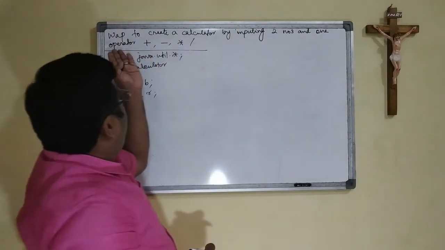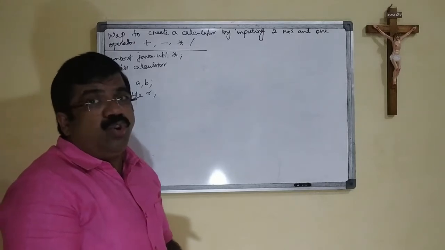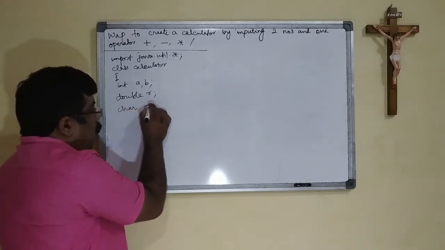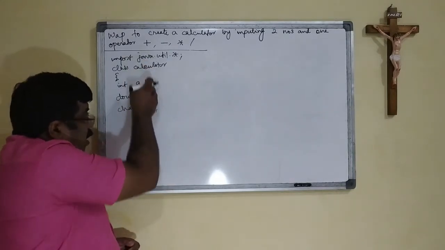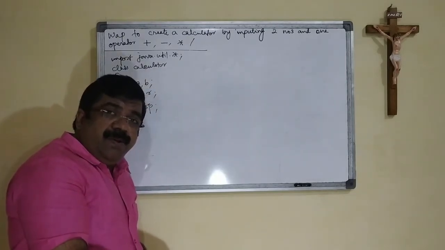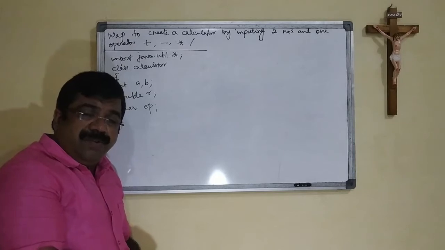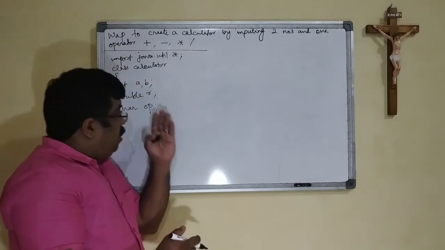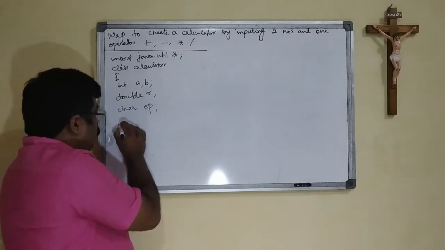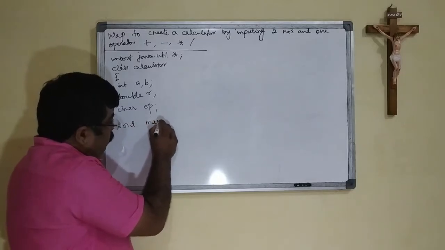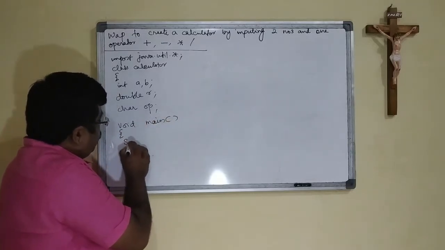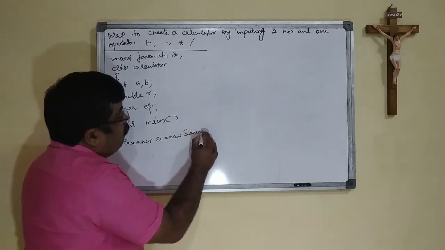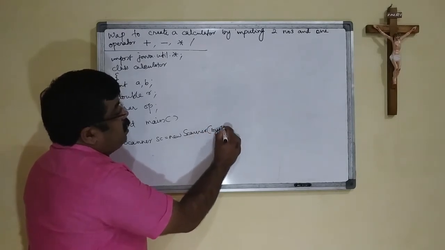Now we need one operator. That operator should be a character. So we are giving char op. So all these variables that we require are given. Void main, we give Scanner SOC is equal to new Scanner, giving System.in.